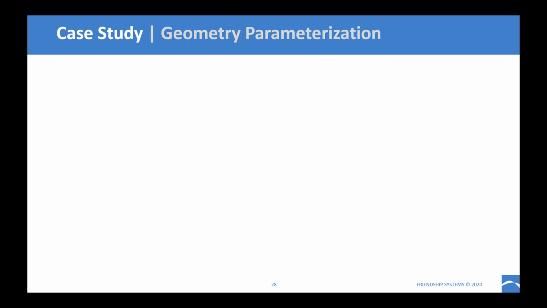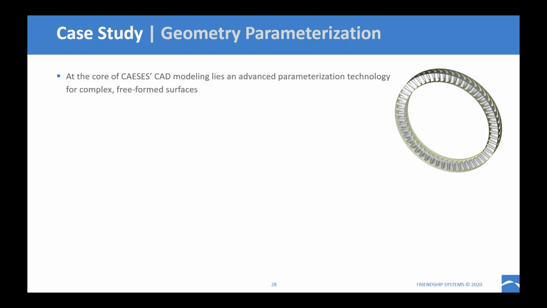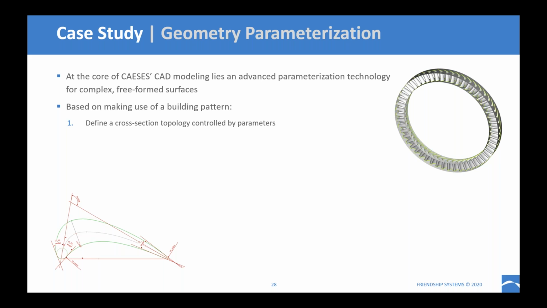Of course, the geometry was parametrized in CAESES, and I would just like to quickly explain the approach for at least many blade parametrizations that we use. We have a specific parametrization technology that we use for many complex freeform surfaces. And the idea here is that we make use of a building pattern.